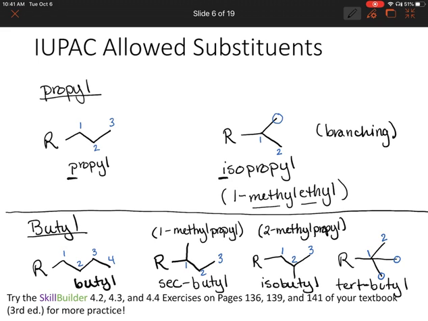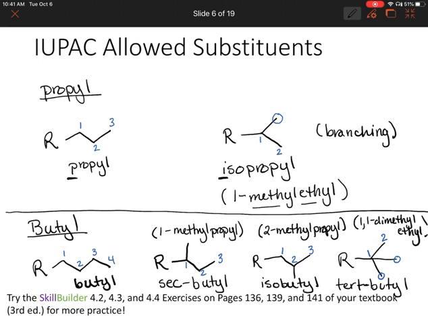So we could also name this, let's see if I can fit this in, 1,1-dimethyl ethyl. So that tells us we have 2 methyl groups coming off of an ethyl substituent. And we have to number it, so they're both on the 1 carbon.